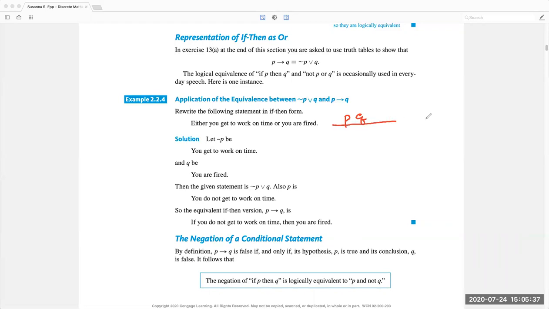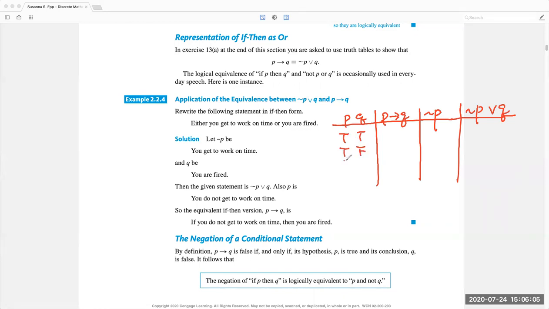P, Q, okay. P then Q, and do the negation of P, and then do the negation of P or Q. So all the possible inputs: true true, true false, false true, and false false. So maybe can you spend some time to finish the truth table?